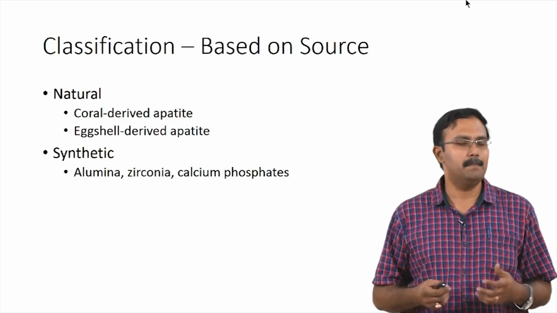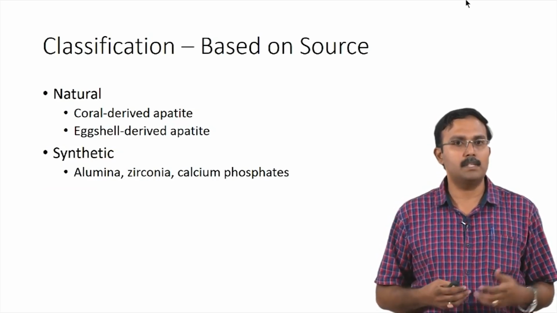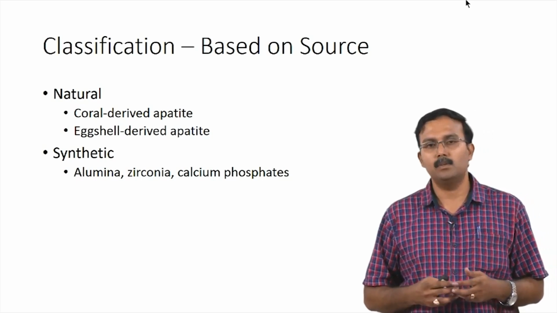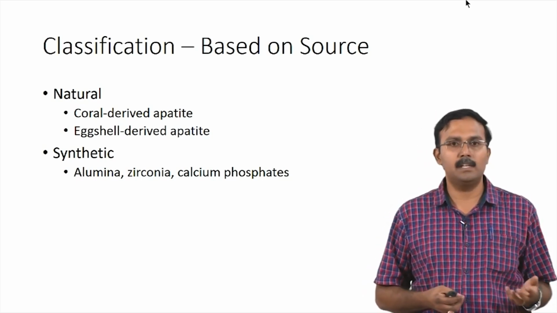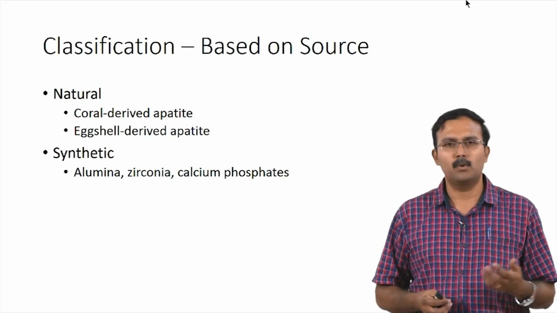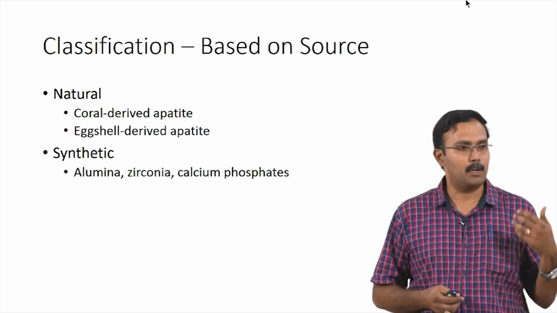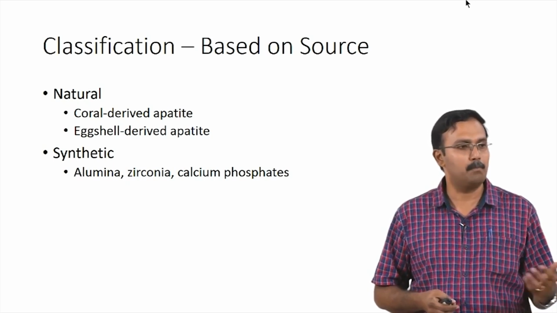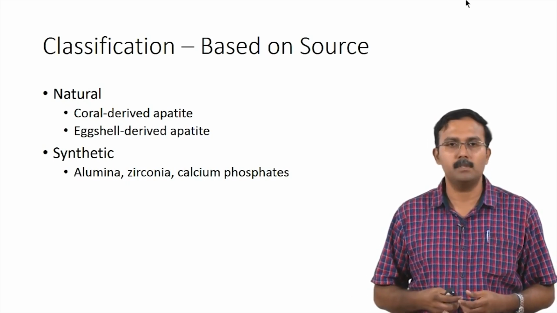They can be classified based on the source as natural and synthetic. Natural would be coral derived apatites and eggshell derived apatites which have been studied. Coral derived apatites have been studied for a long time. They are even FDA approved for use as bone substitutes.